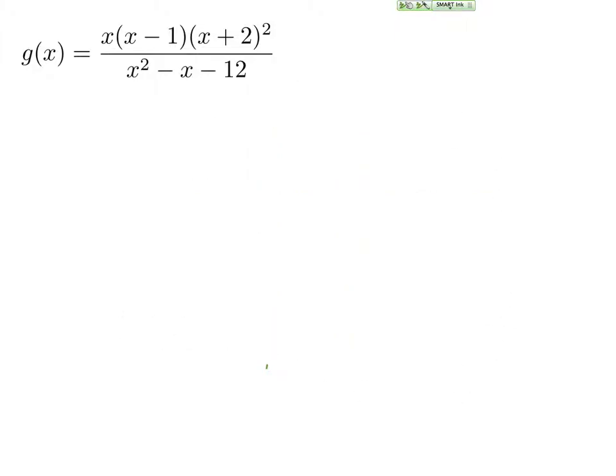All right, this one I have x times x minus 1 times x plus 2 squared over x squared minus x minus 12. So what do I want to do to get started? Factor. Somebody read that for me.